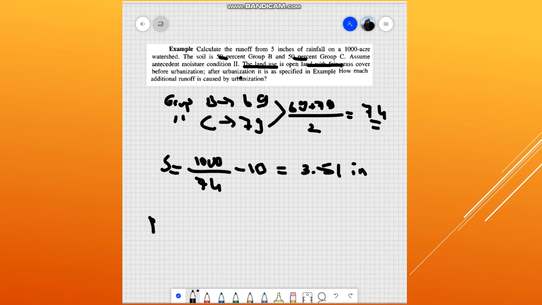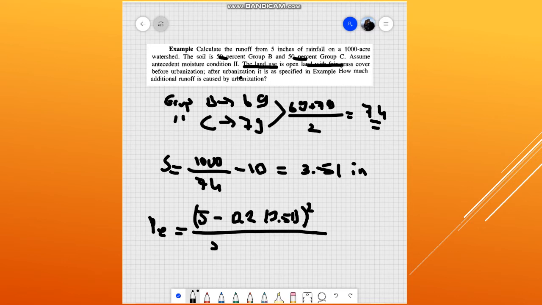And our direct runoff can be calculated from 5 inch of rain minus 0.2 multiplied by 3.51, which is S, in parentheses, squared, over the precipitation, which is 5, plus 0.8 of S, which is 3.51.